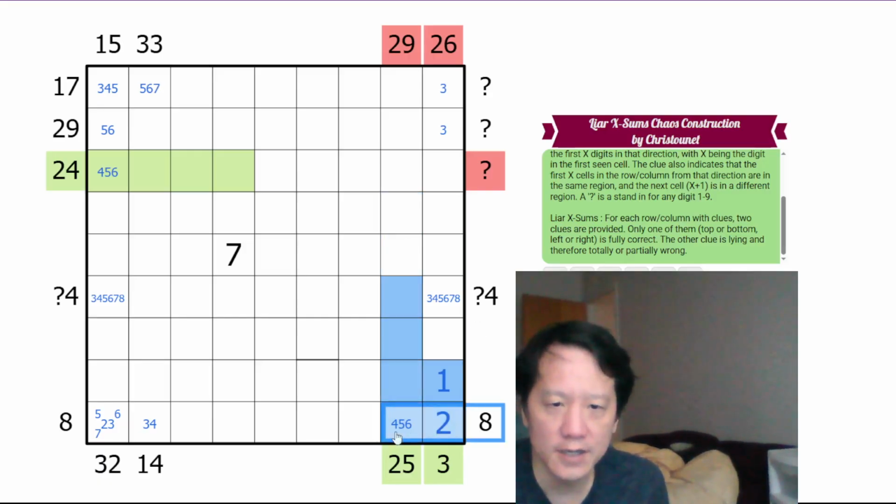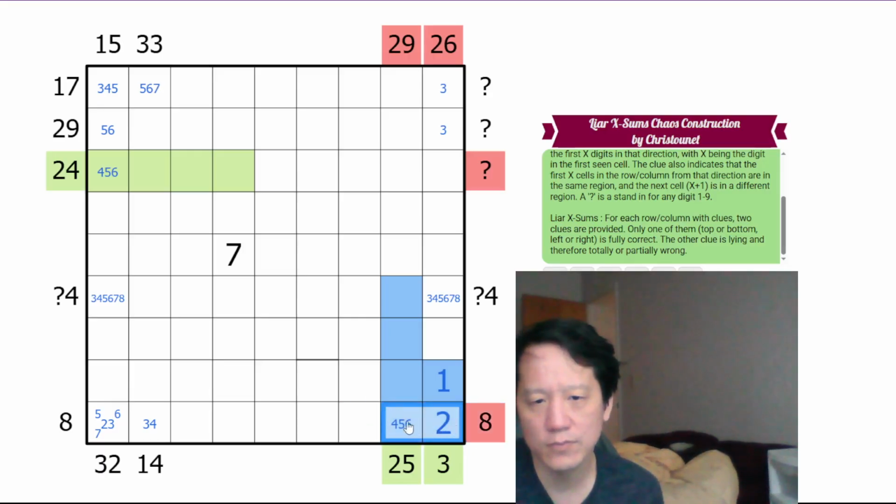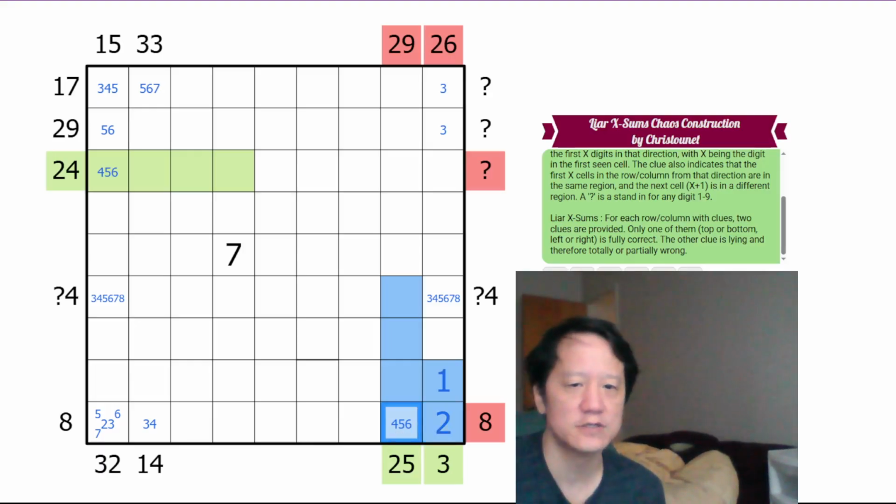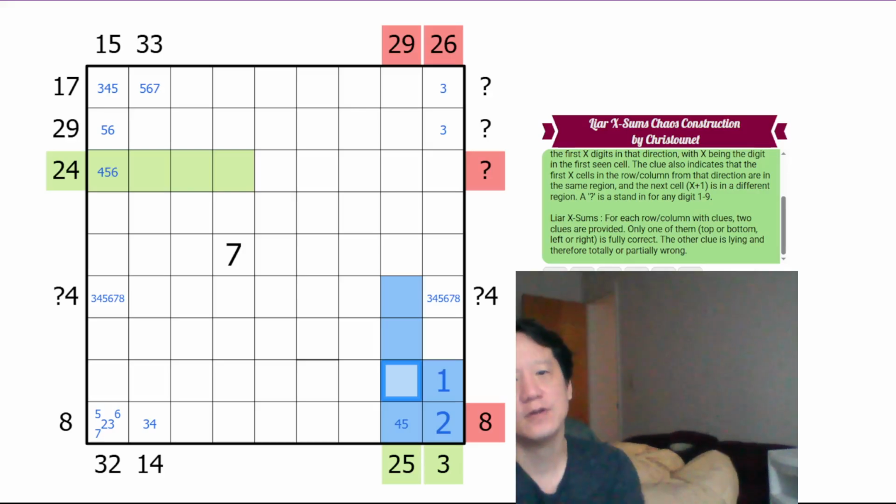So this cannot be valid here. So that's invalid there. Interesting. So if these are both valid, this cannot be valid. Huh. So this is not 6, it's 4 or 5.